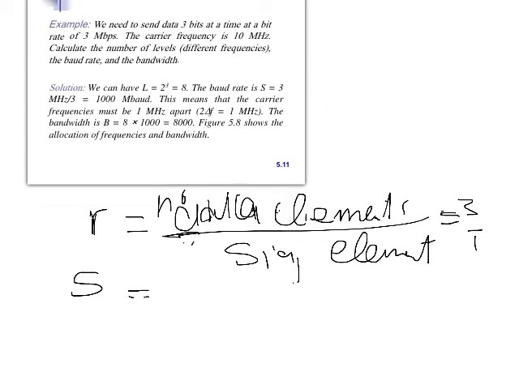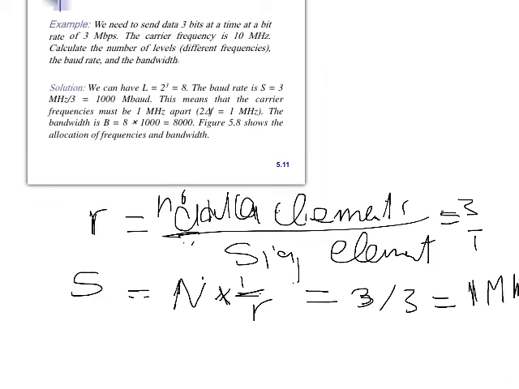S in the worst case is N multiplied by 1 over R, which is, what's N? A bit rate of 3 divided by 3. So S is 1 megabaud, because this is 3 megabits per second.